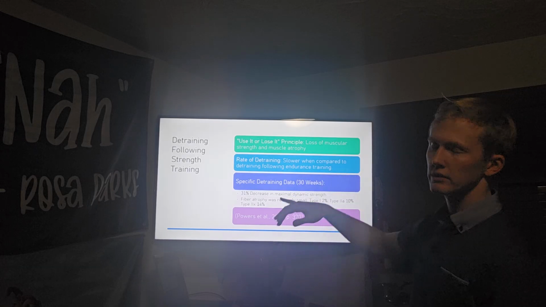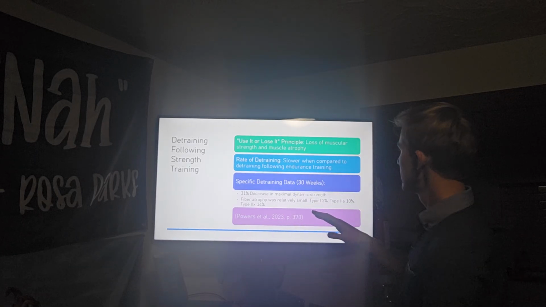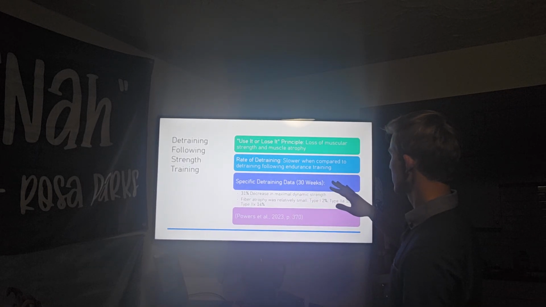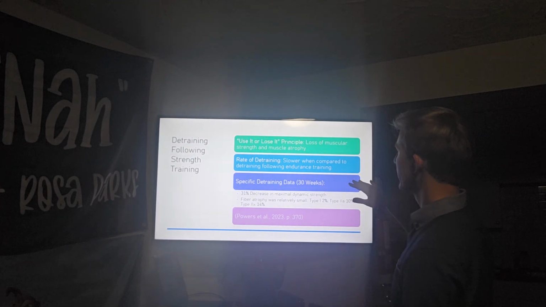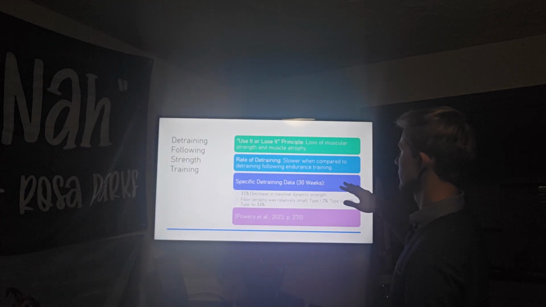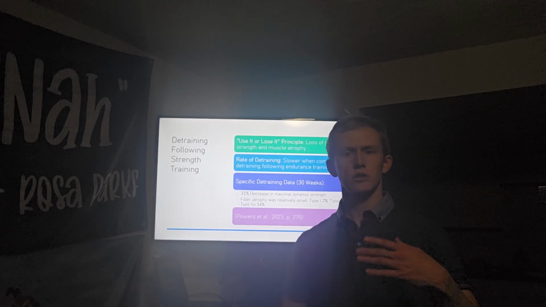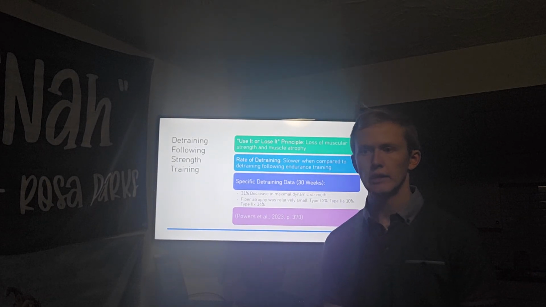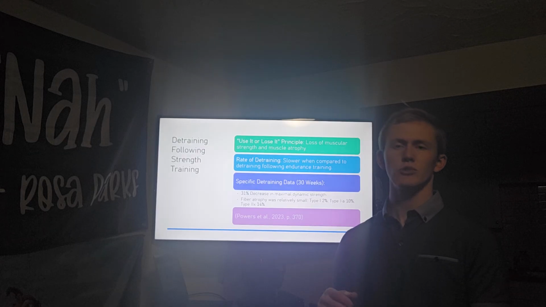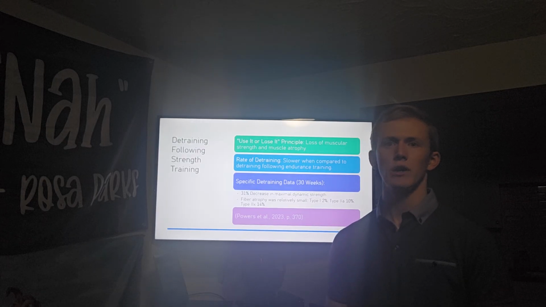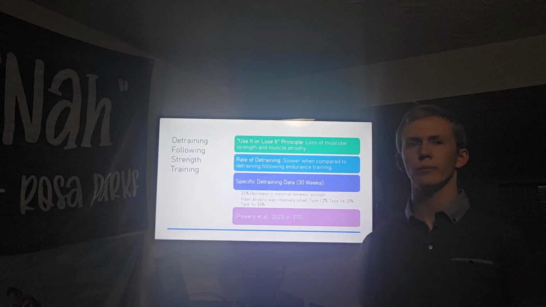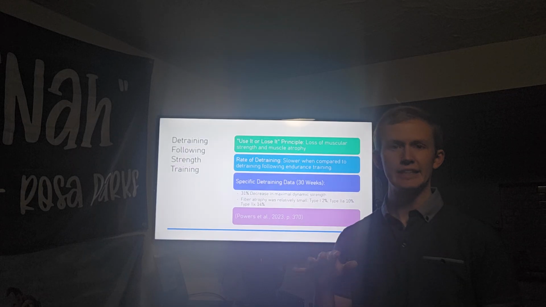So this is talking about resistance training. Resistance training is lost slower when compared to detraining following endurance training. With endurance training, you lose it much faster than resistance training, because let's say that you are a distance runner and you're running a mile pretty consistently to the point where you are not fatigued at all.